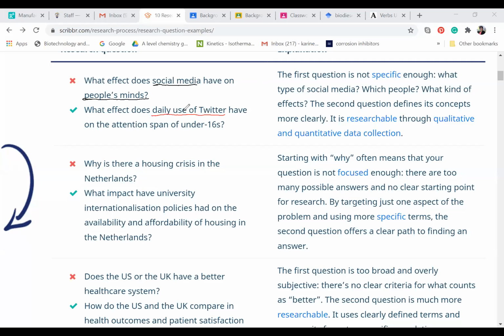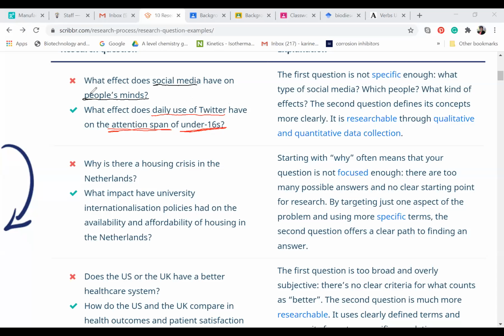So daily use of this have on attention span, because people's mind, of under 16s. So we are not talking about social media in general, we are talking about daily use of Twitter, only one of them.